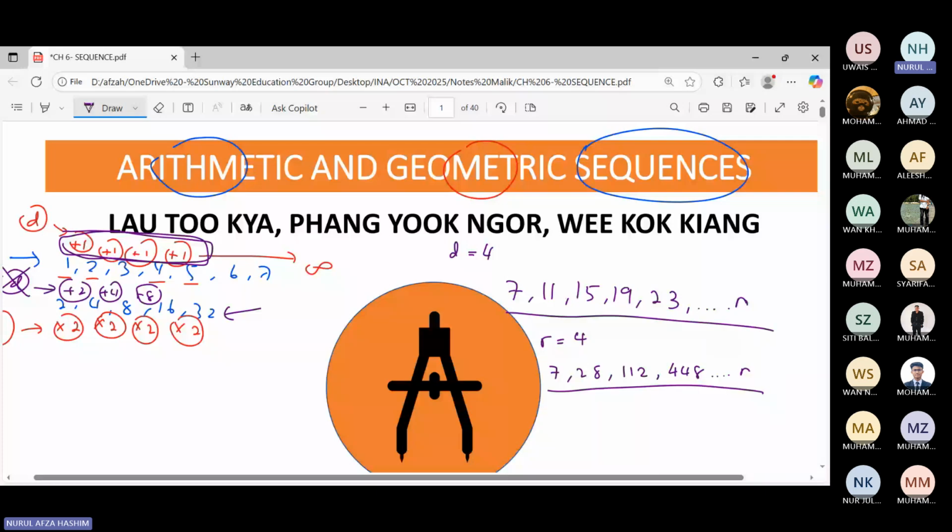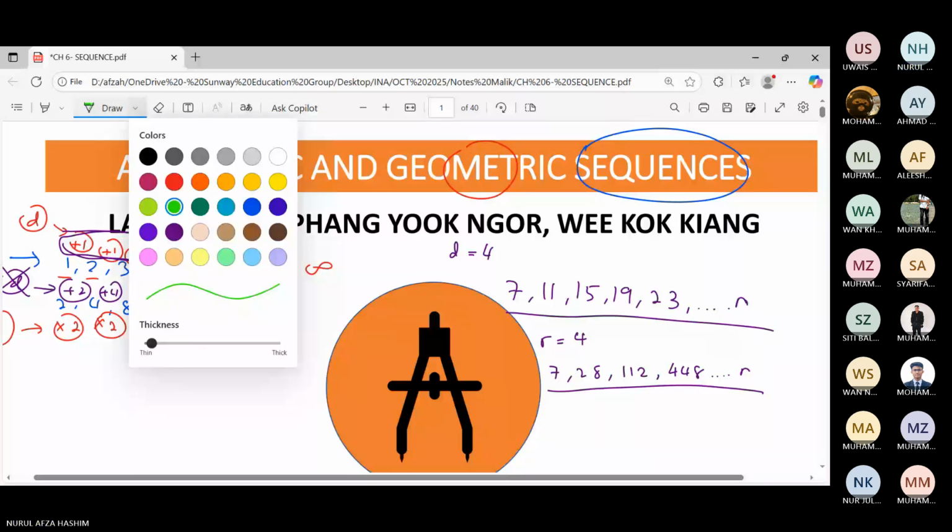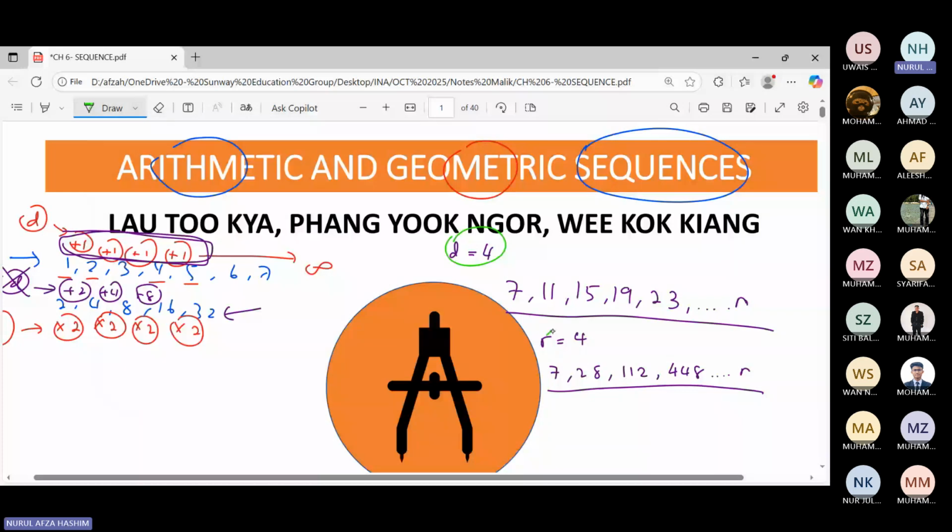Even if you are using the same value and the same first number here, you can see the sequence is going to be different, right? You cannot say that this one is arithmetic, because if you look at it, 28 minus 7, you get 21. The difference here, 112 minus 28, is 84.